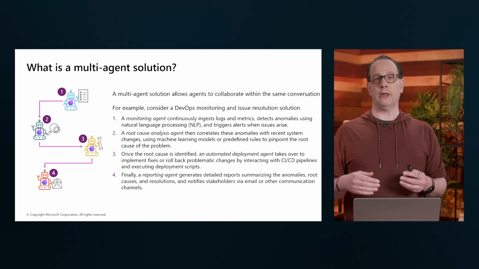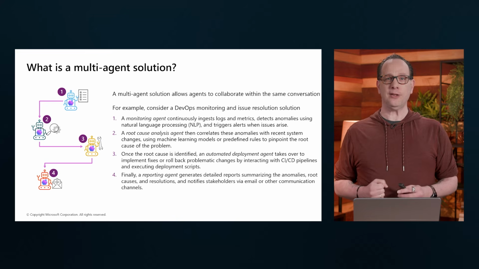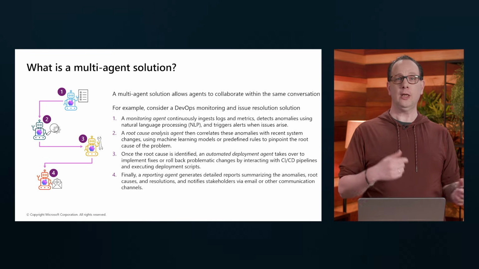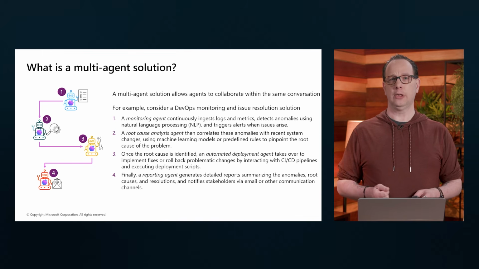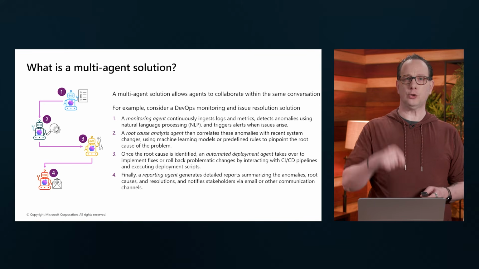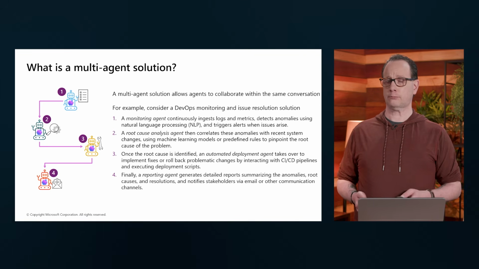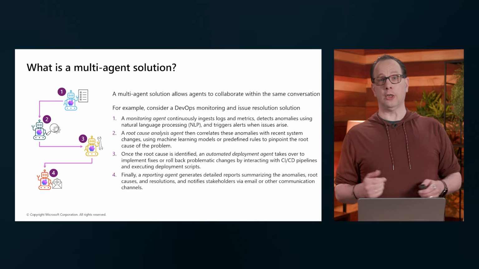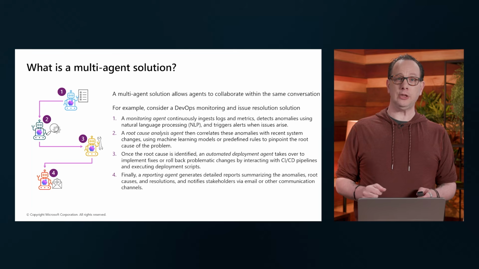Next to that, you might have a root cause analysis agent, which then correlates these anomalies from that previous agent with recent system changes, using, for example, machine learning models or other predefined rules to pinpoint the root cause of the problem.